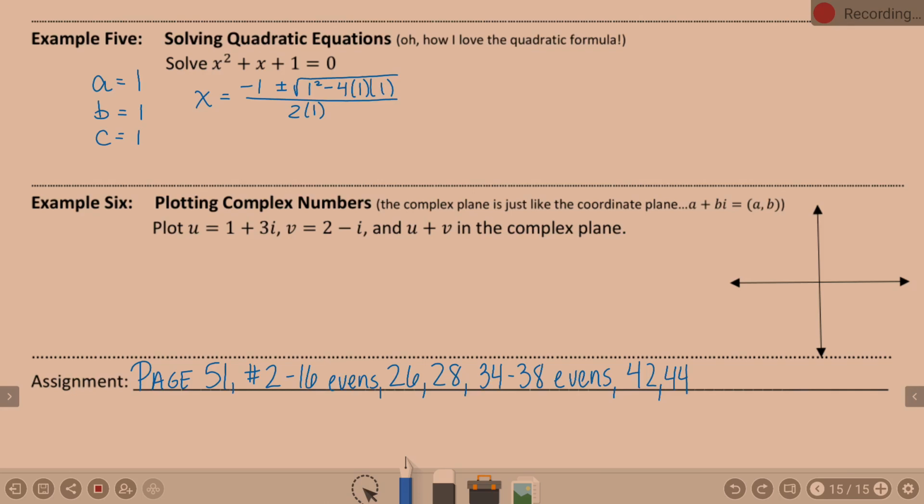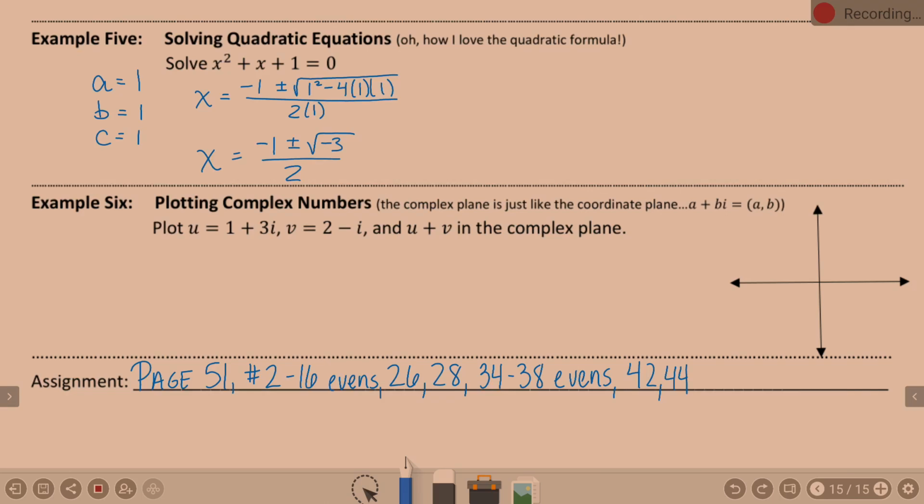Okay, some cleanup. -1 plus or minus. What's going on under that radical? 1 squared is 1. 4 times 1 times 1 is 4. 1 minus 4 is -3. All over 2.